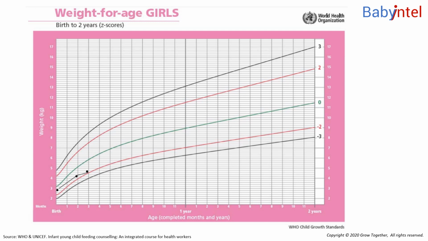Do you think Kate should be started on complementary feeds or infant formula since she is not gaining weight? Giving complementary feeds or infant formula should not be necessary. If Kate is breastfed more often during the day and night, at least 8 times in each 24 hours, then she should gain weight.